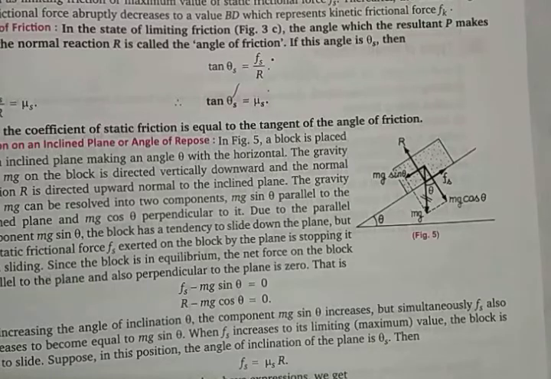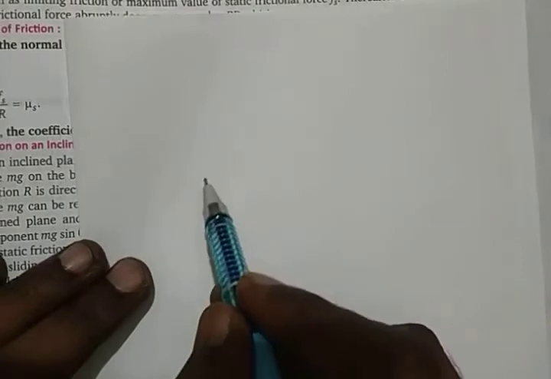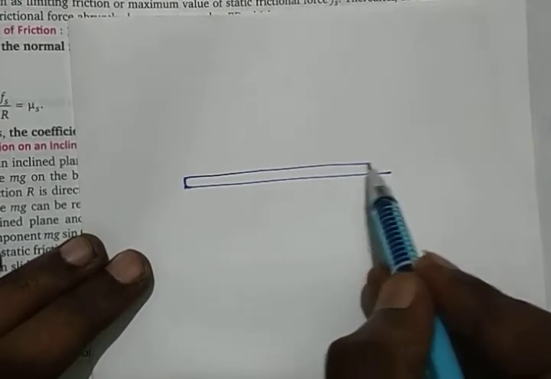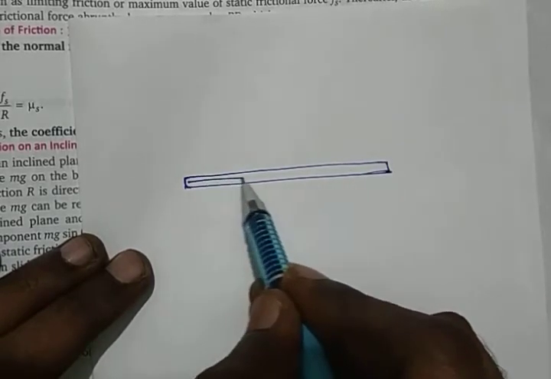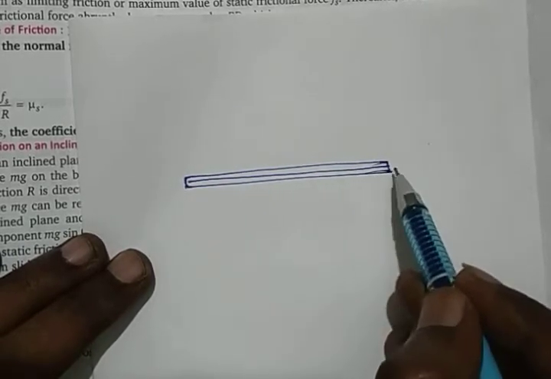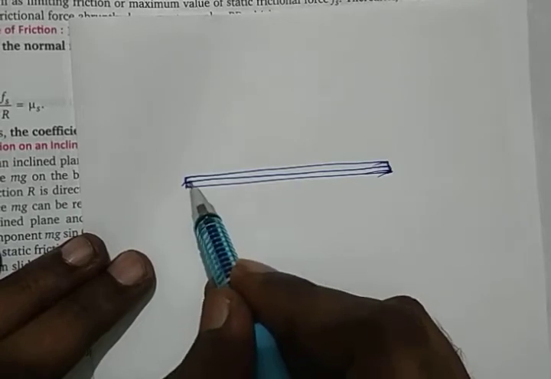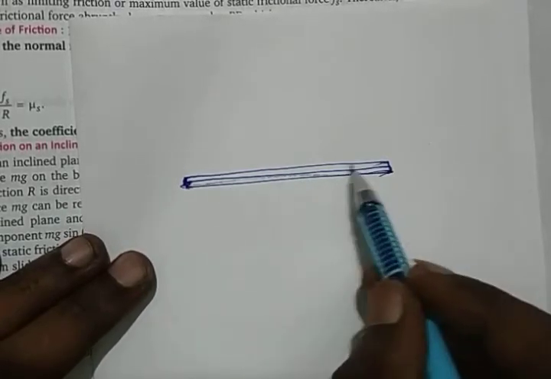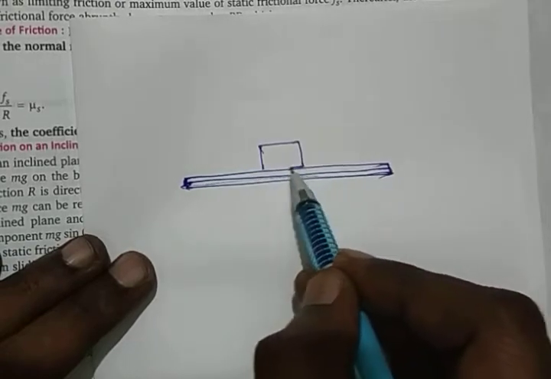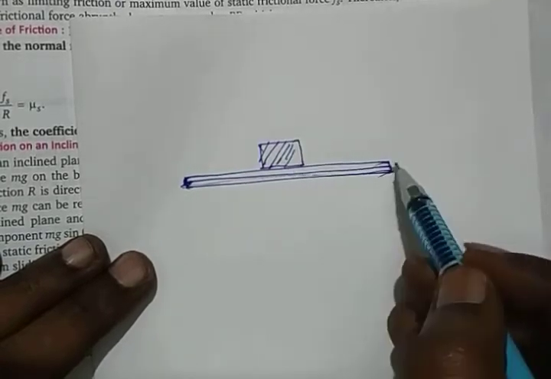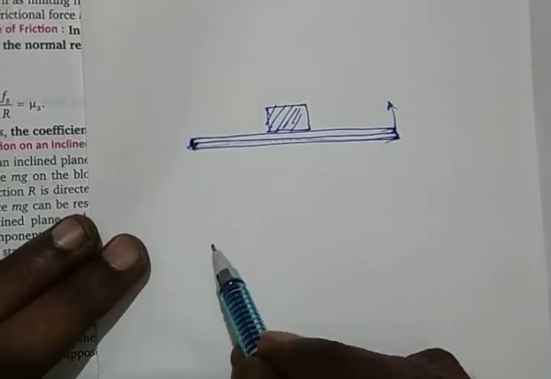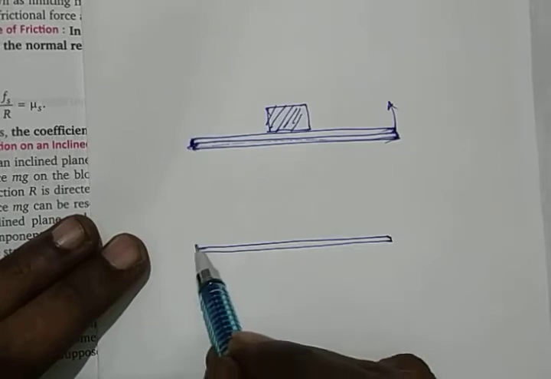Let me try to illustrate this in this way. I have two planks. One plank is down, another plank is there, and I put a box here. Now the top one, I lift this plank up. So it will become like this.